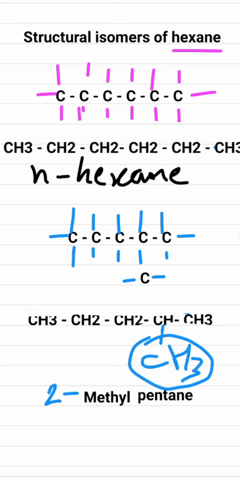Moving on to the next structural isomer of hexane. In the next structure we are again going to take 5 carbon atoms as the longest chain and the 6th carbon atom here is assigned as a branch for the middle carbon atom, that is for the 3rd carbon atom. In the previous case we had assigned it for the second last carbon atom.